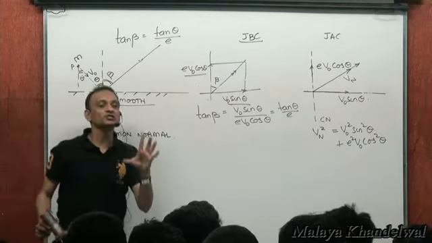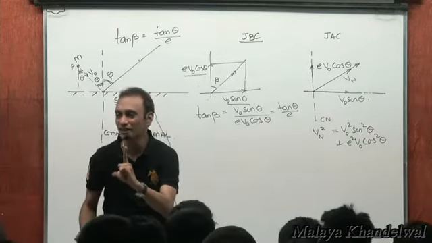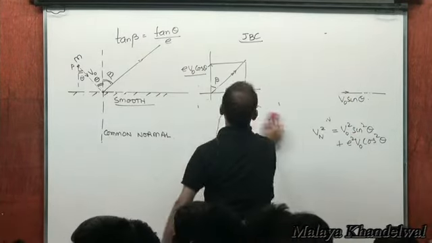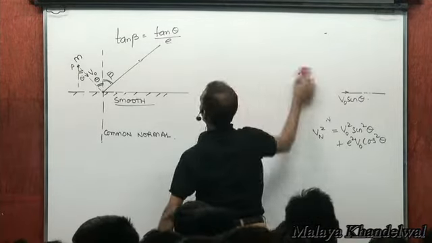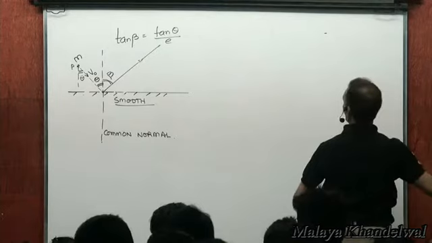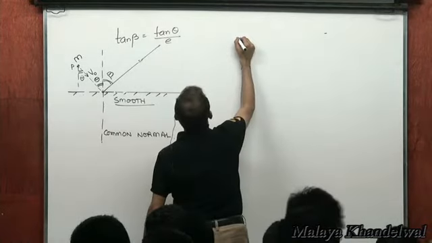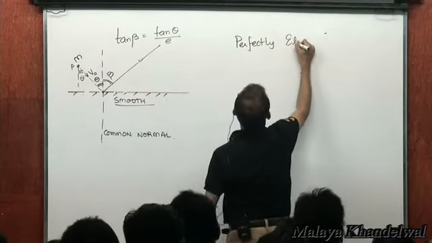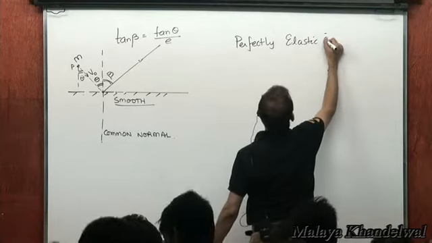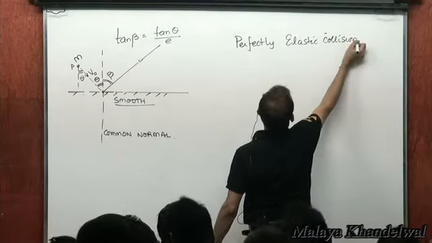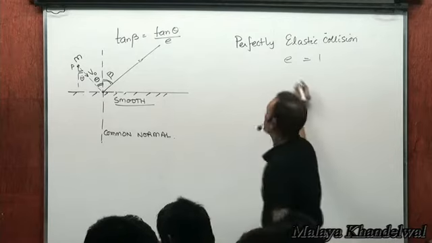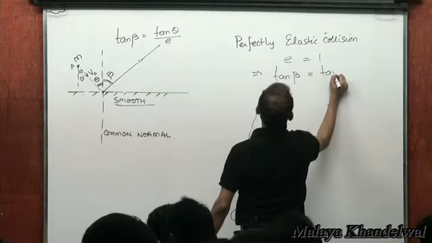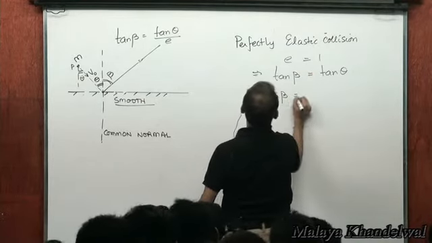In a perfectly elastic collision, e will be 1. So tan beta would be tan theta, or beta would be theta.